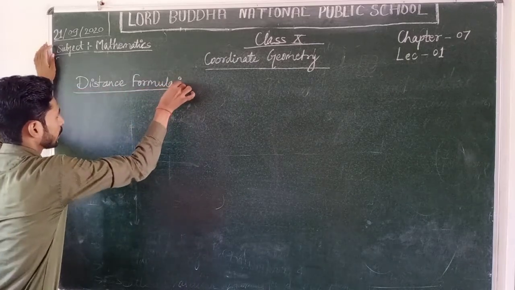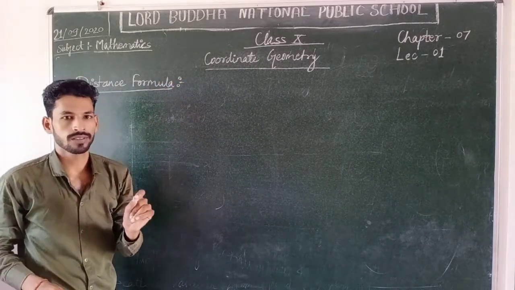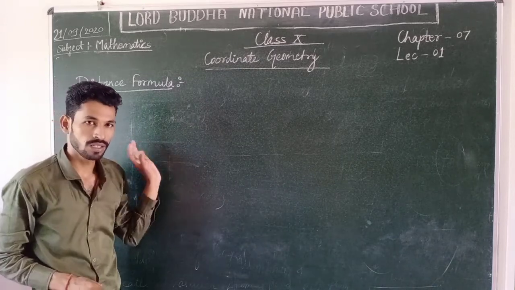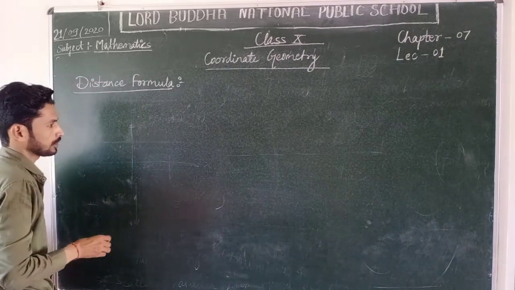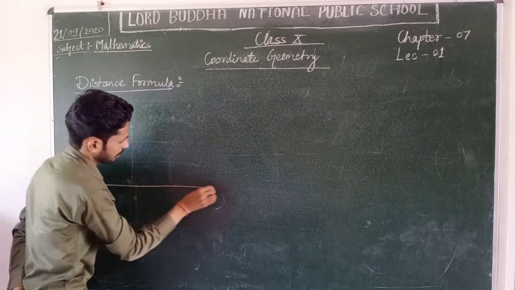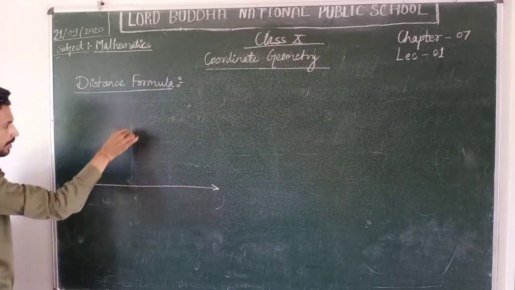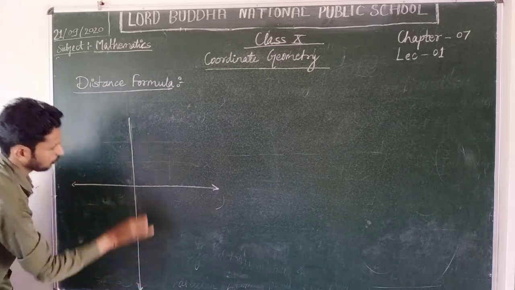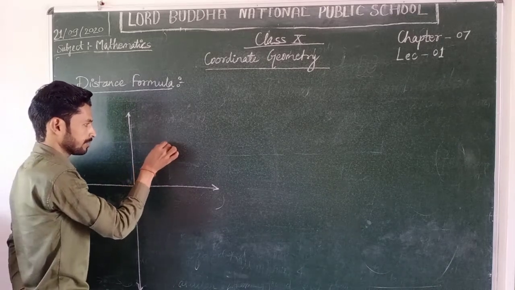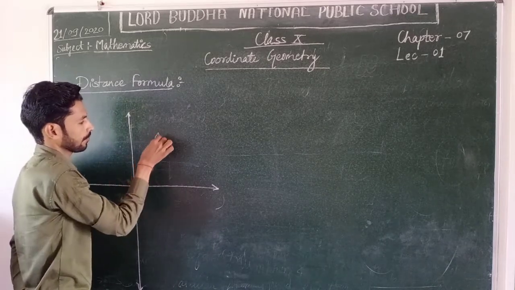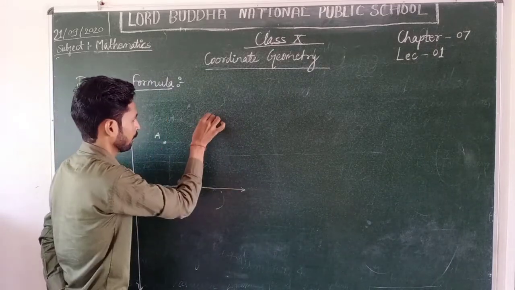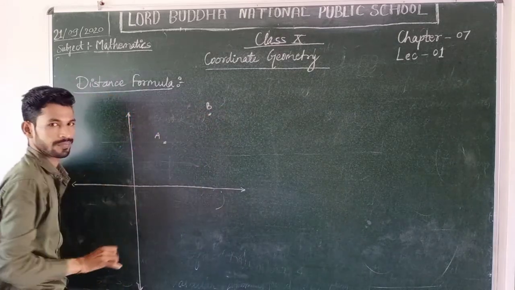What is the distance formula? This formula, which stands for calculating the distance between 2 points, is known as the distance formula. Now suppose that there is an x-axis and the next one is the y-axis. Suppose that there is a point A and the next point is B, here.